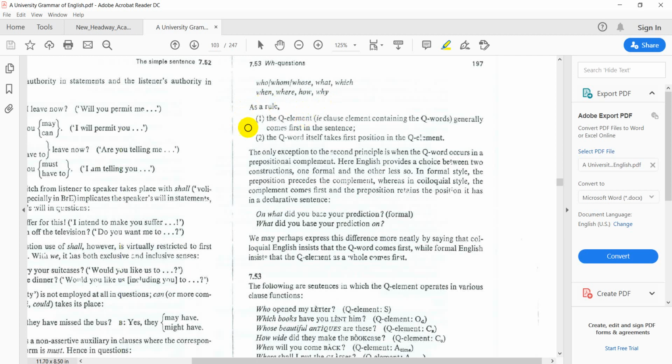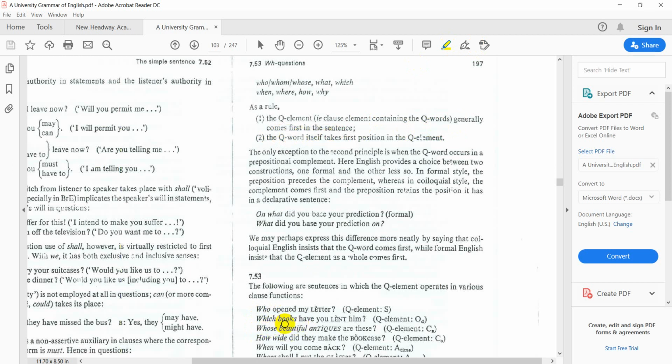As a rule, the Q element, please pay attention to the term Q element, means the clause containing the Q word. Like for example, which books? It is not one word. It is a clause element containing the Q word, and it generally comes first in the sentence, like this one.